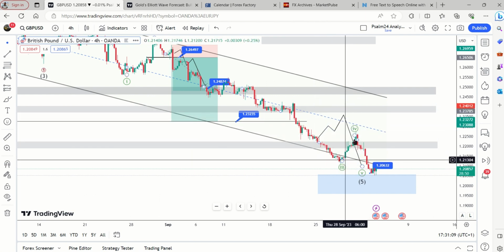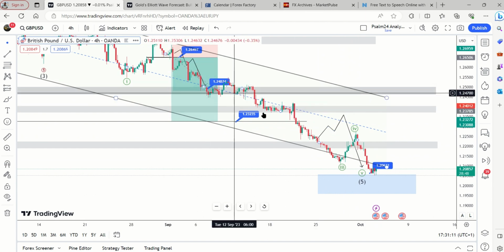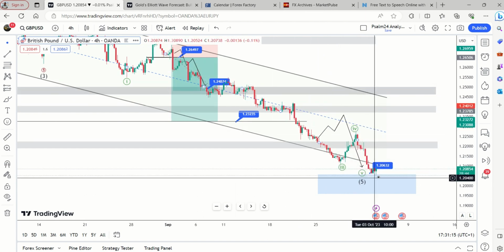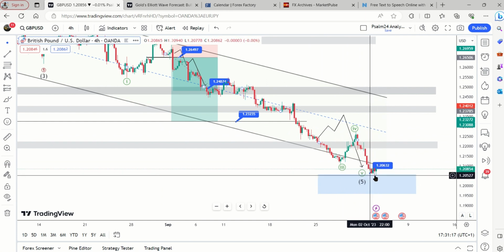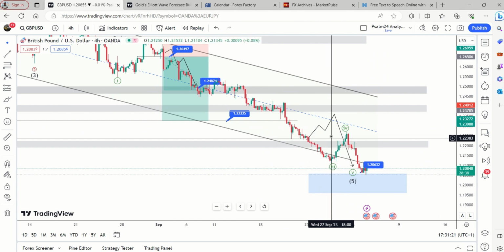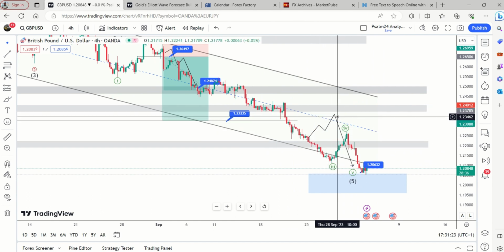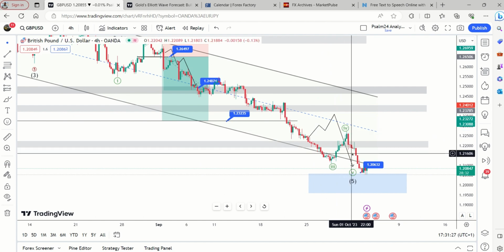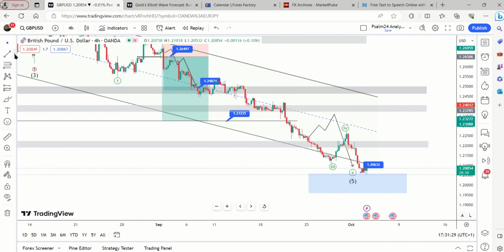The market went upside to give wave 4. And then we have a perfect wave 5, which also came to our price objective. Overall, our outlook was that we should be looking for a sell trade here. We didn't get it here, but we got it here, and we took the move downside.